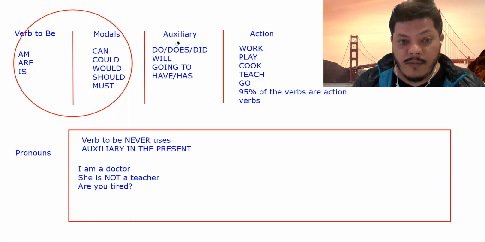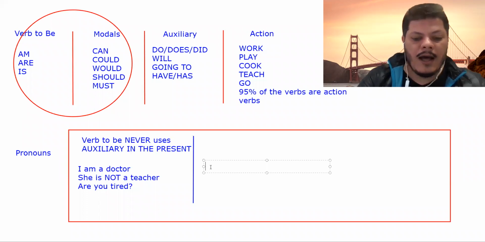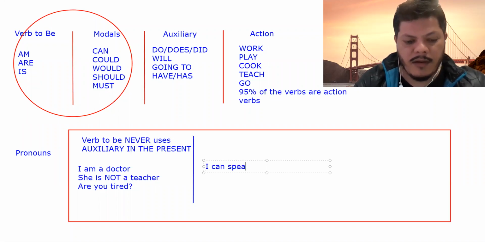For modal verbs, we have similar behavior. So modal verbs will follow that behavior. So if I have modal verbs, I am going to say, let me put here, I can speak English.